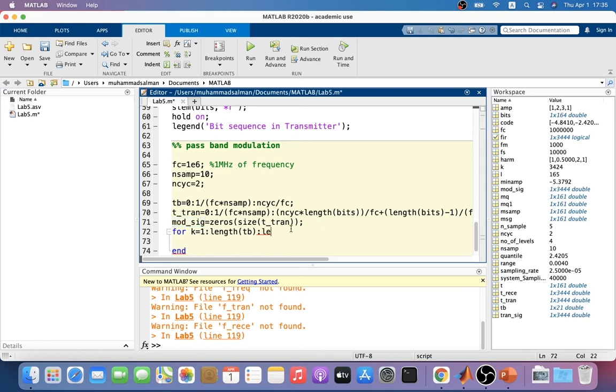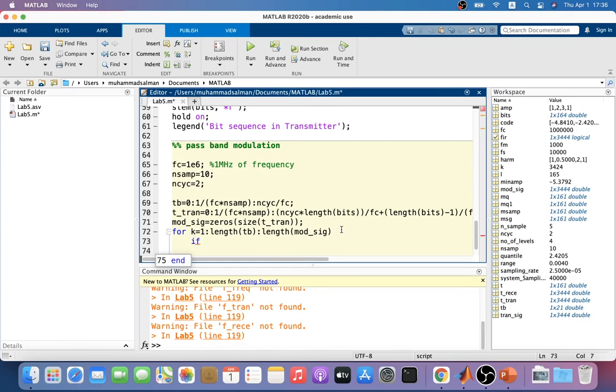So I should also write the length of the total signal. So it will start from 1 till this bit. So this is the offset. So 1, after this offset, after 2 microseconds of offset till the end of the signal, it will run the for loop, right? And I will say something here.